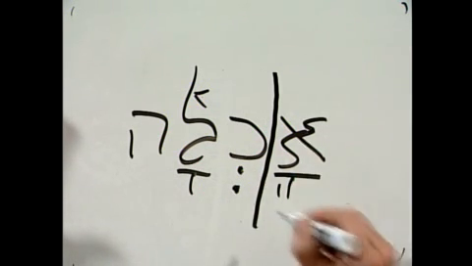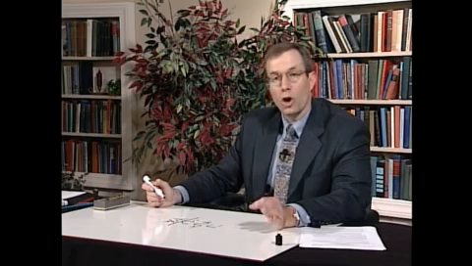The syllable here, under the Alef, is unaccented. But the problem is it's open. It's not closed unaccented. It's open unaccented. Therefore, we must read this as a long A, as a Qames. And so this time we would read this as achala. Achala is how we would read that.